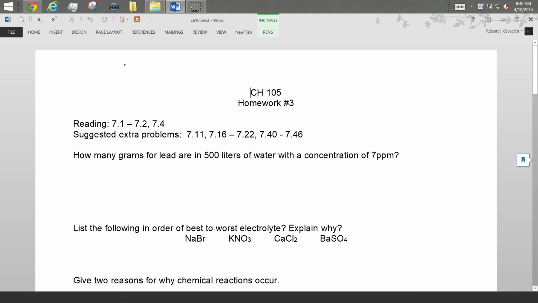Well, we need to take the 500 liters and turn that into mass of the same unit. Since the density of water is 1, it makes the calculation kind of easy, but you've got to think about it for a bit.